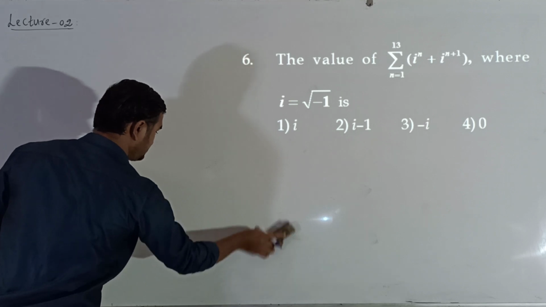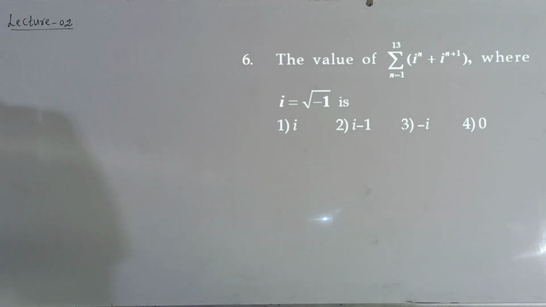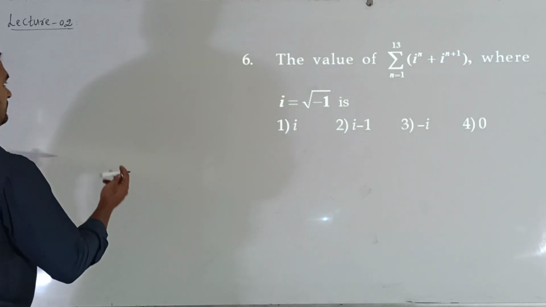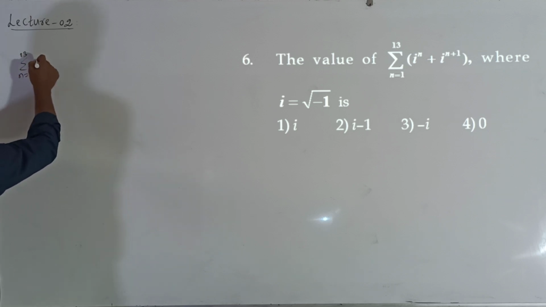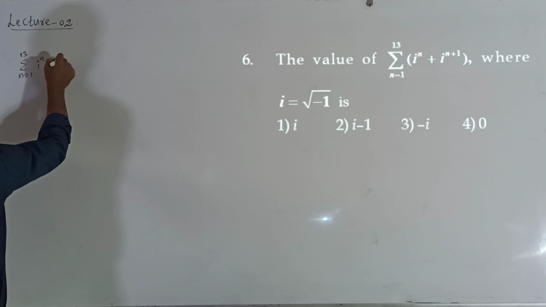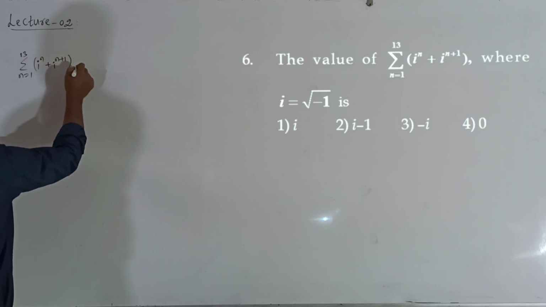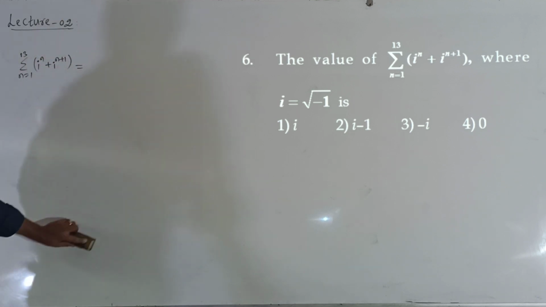So first we expand that summation given. What is the summation? Sigma from n equal to 1 to 13 of i power n plus i power n plus 1 is equal to, expand the summation.